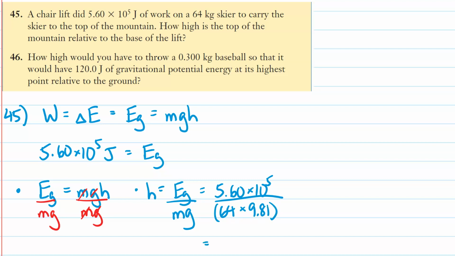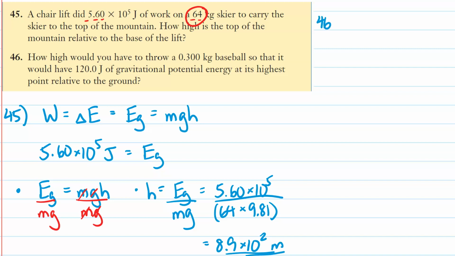We should round our answer to 2 significant digits. So let's see what I end up with to the correct number of significant digits. 8.9 times 10 to the 2 meters for my final answer.